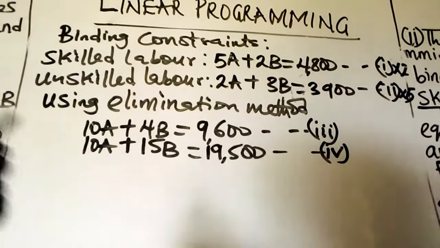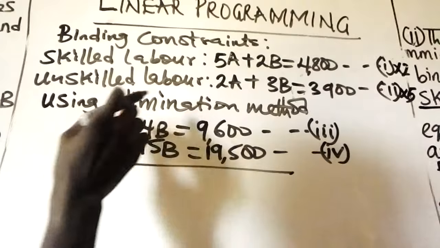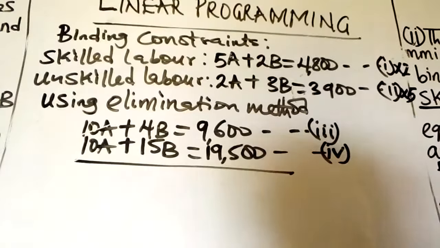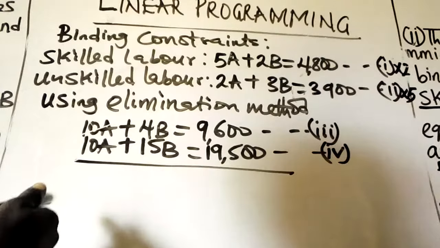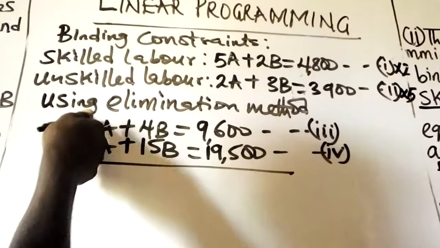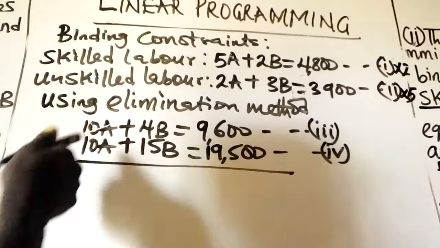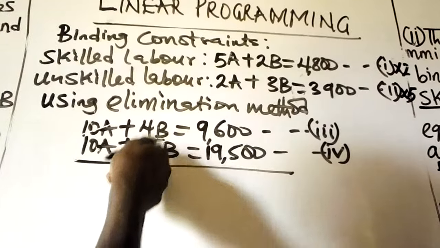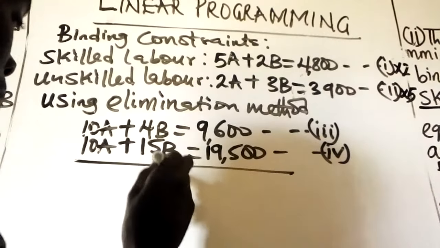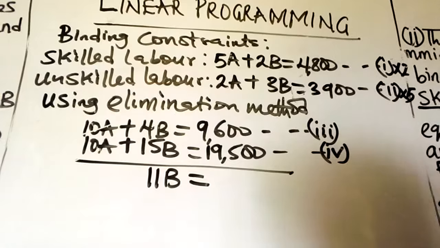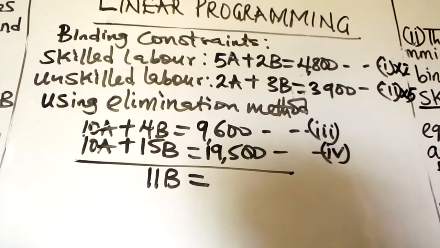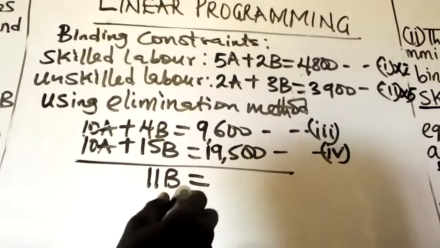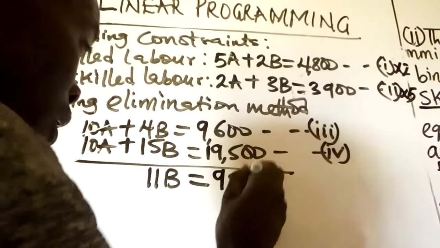So by subtraction, if you subtract equation 3 from equation 4, A will be eliminated. 10A minus 10A is 0. That means A is eliminated. 15B minus 4B is 11B, equals 19,500 minus 9,600, which leaves 9,900.